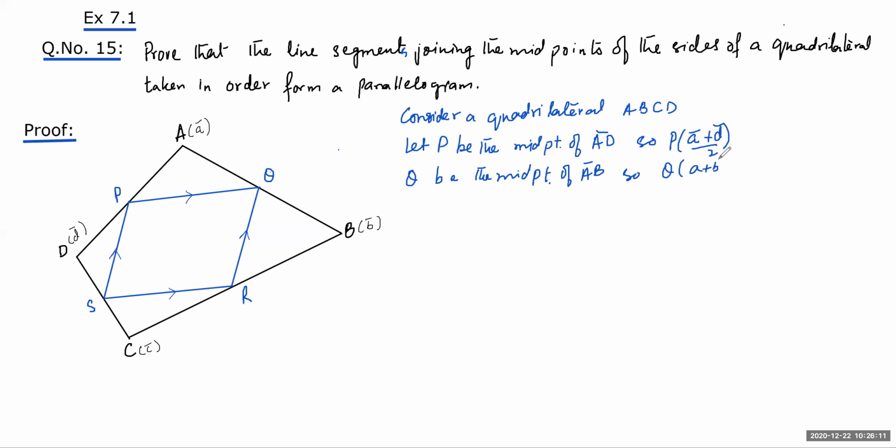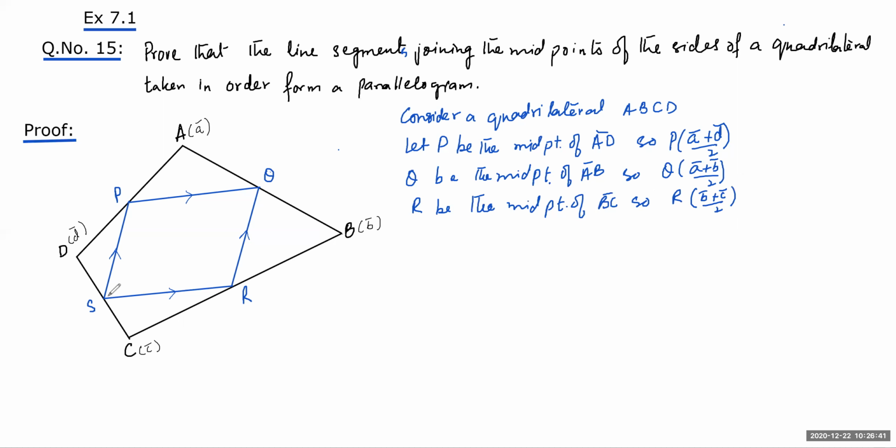R be the midpoint of BC. So I get point R has position vector b plus c by 2.